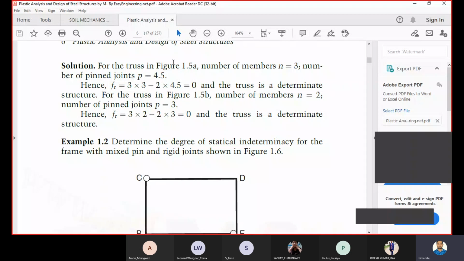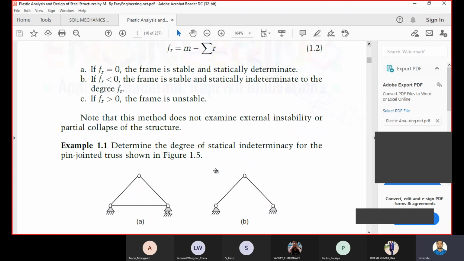So for the given truss, there are n number of members. N is equal to 3, and the number of pin joints are... See, all of you write in a copy, all of you write one equation.